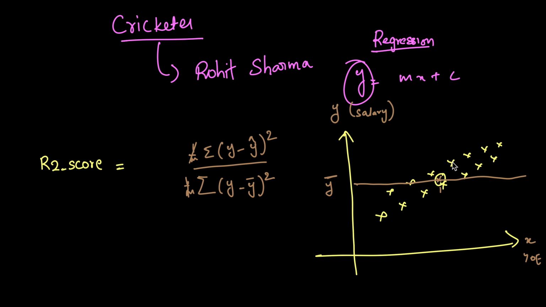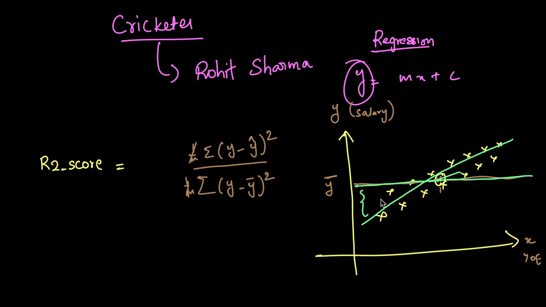So the worst case prediction will be on this line in general. Okay. Because in general for linear data, on reducing the error, the best prediction will be this one and the worst prediction will be this one. Okay. Most probably in this area, our linear regression line will be there.